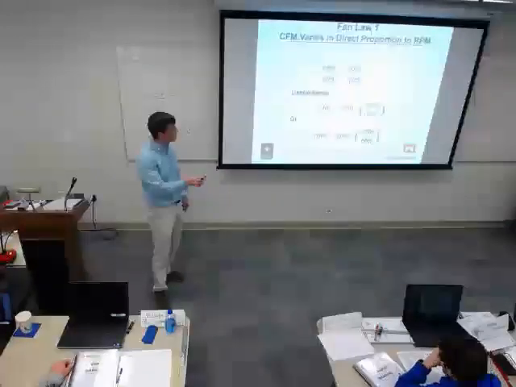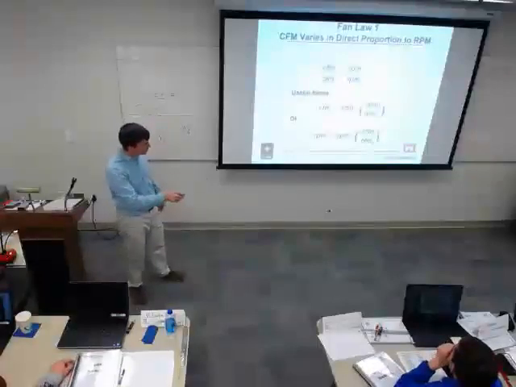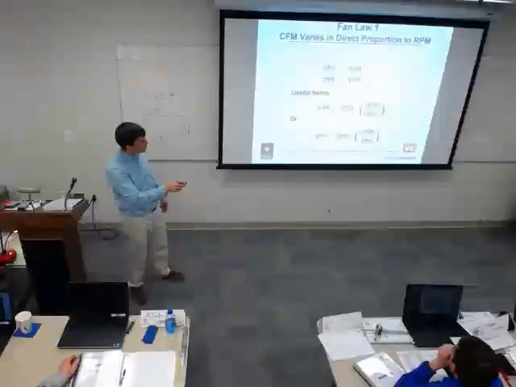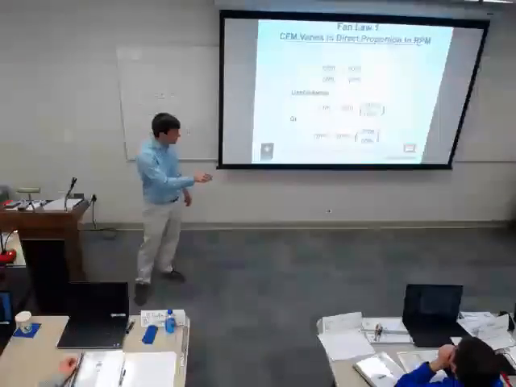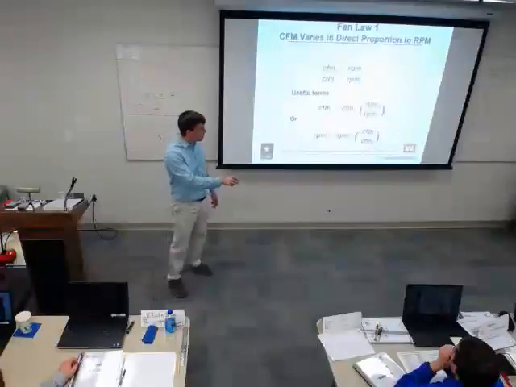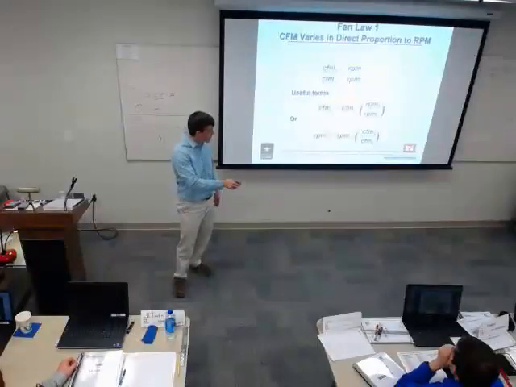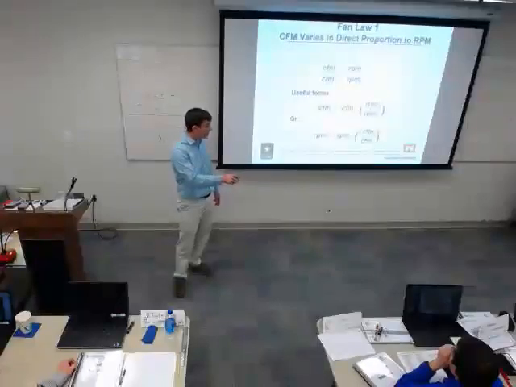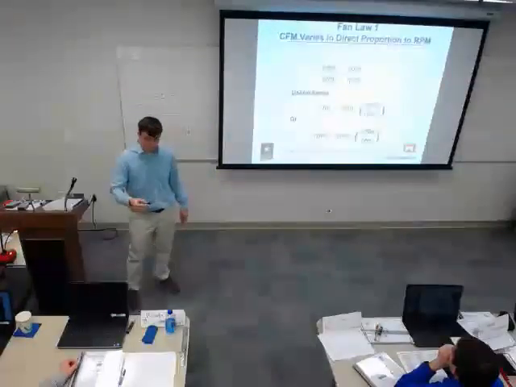I'm trying to solve for RPM2. I could rearrange terms. Basically, I just multiply both sides by RPM1 and put RPM1 over here. So I know this flow rate, I know this RPM, and I'm figuring out my design schedule. Let's say I have 7,000 and I need 10,000. I know I need to change it to get that 10,000 CFM.